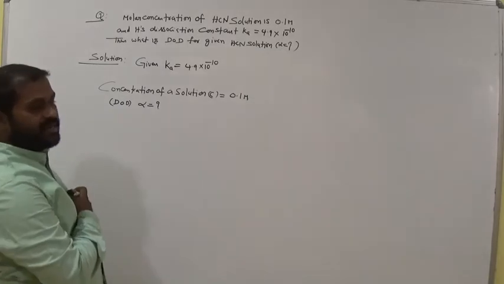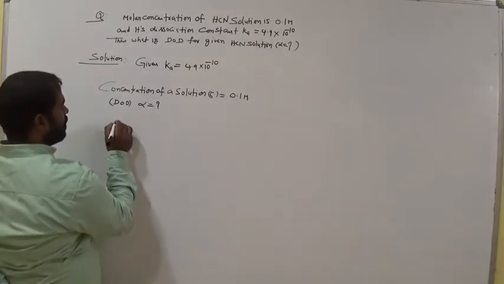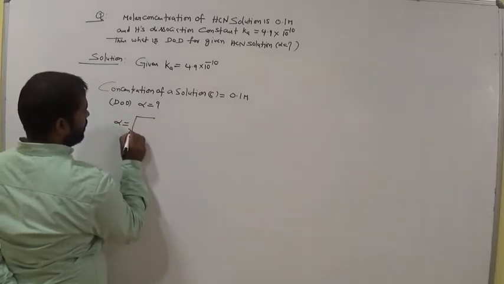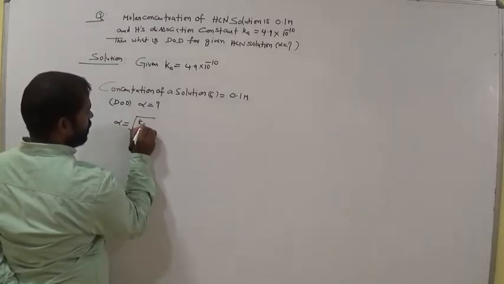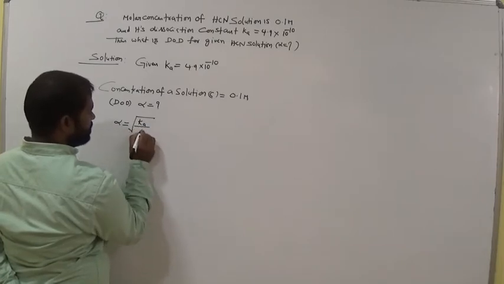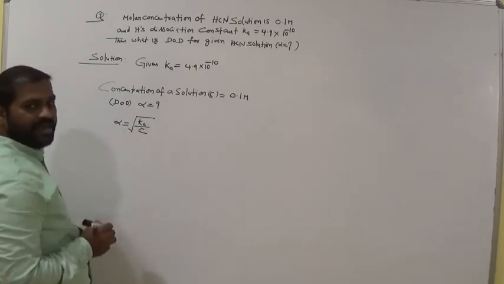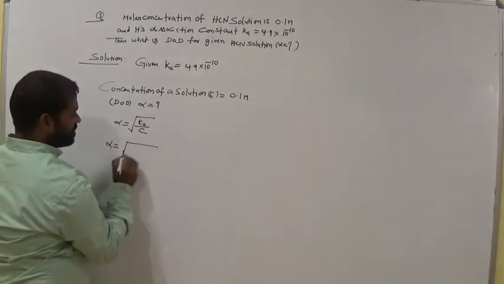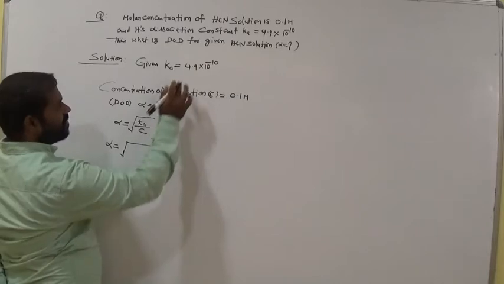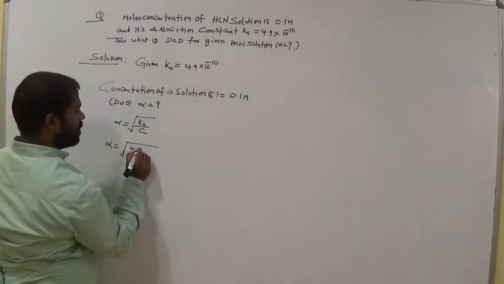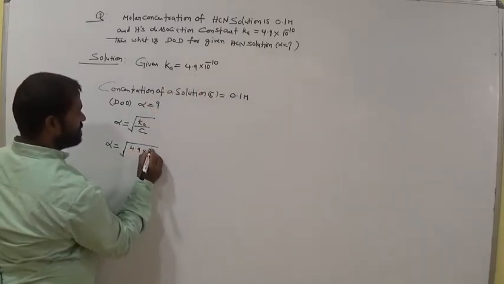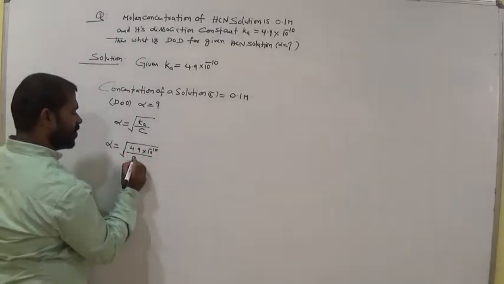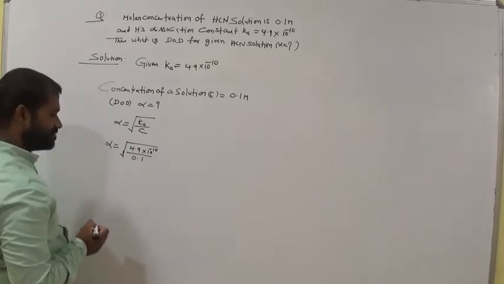We know the relation: alpha is equal to the square root of Ka by C. So what is Ka here? 4.9 into 10 power minus 10. And what is the value of C here? Clearly 0.1, you know very well.